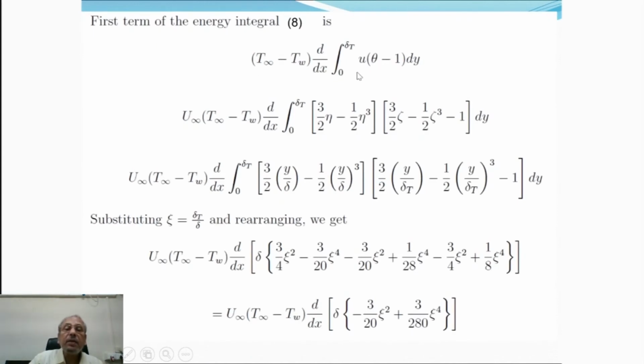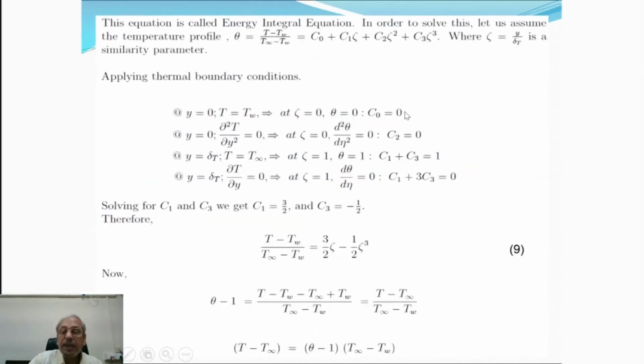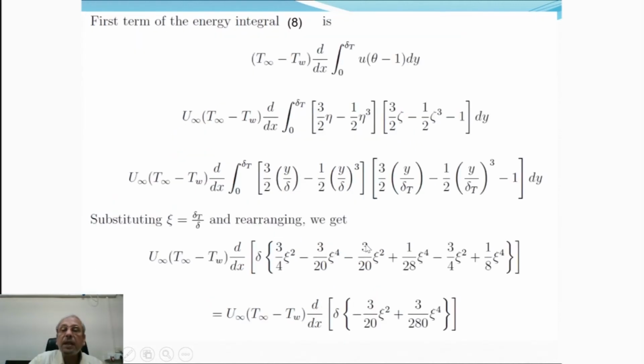Then we substitute u by u infinity times (3 by 2 eta minus half eta cube), and u infinity we bring outside. Theta is given by this, so theta minus 1 means 3 by 2 xi minus half xi cube minus 1.